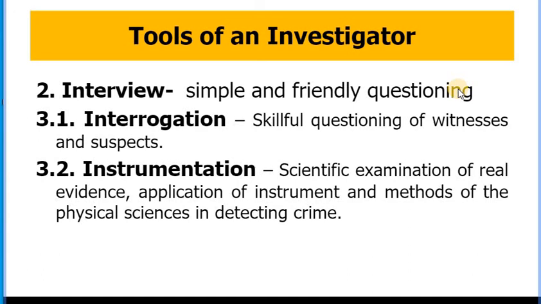Maraming techniques in order for us to extract confessions or extract any testimonies coming from the witness or suspect. Lalo na kapag complicated yung isang tao, hindi siya agad-agad nagsasalita. Ayaw niyang sabihin ng lahat. We need to use the interrogation.